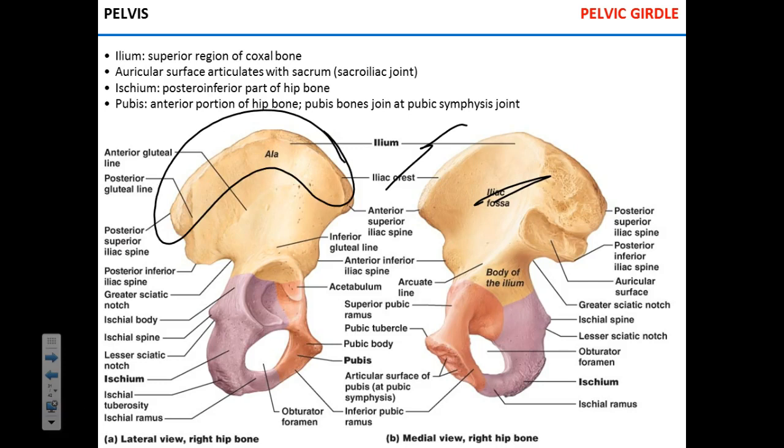Gluteal muscles, gluteus maximus, gluteus medius, are attached to the gluteal line. A whole lot of muscles that flex your knees and extend your hips are attached to the ischial tuberosity, ischial spine, and iliac spine.